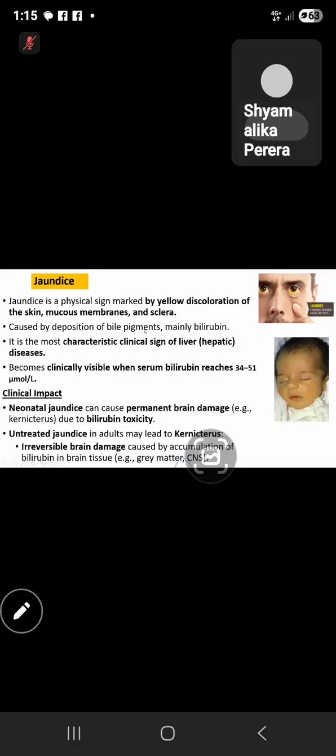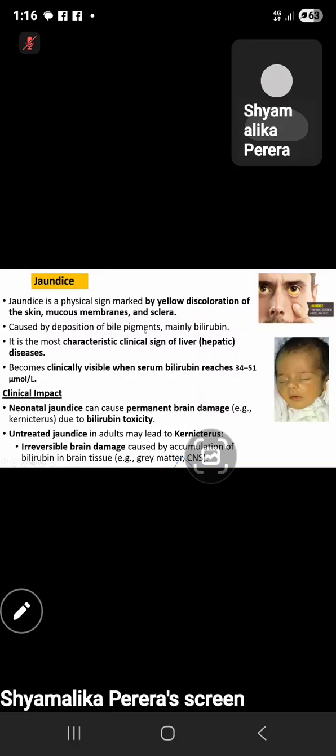As you know, jaundice is a physical sign you can use to identify the presence of bilirubin, or that something happened with your liver. Simply, it is a yellow discoloration of the skin, especially the mucous membranes, especially in the under-eye area and mouth.